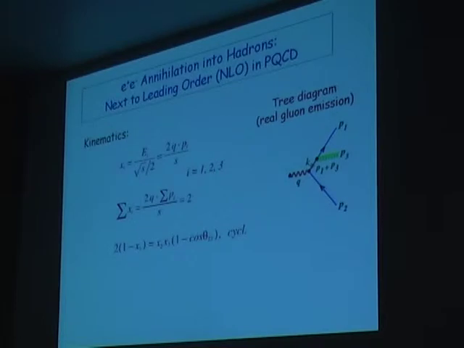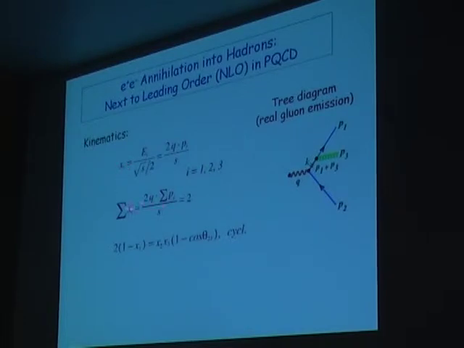Now, with 3 particles, we have to talk a little bit about kinematics. As I also indicated earlier, a set of useful variables is the fraction of energy carried by each of these 3 particles divided by the full energy. So these are variables which go from 0 to 1.